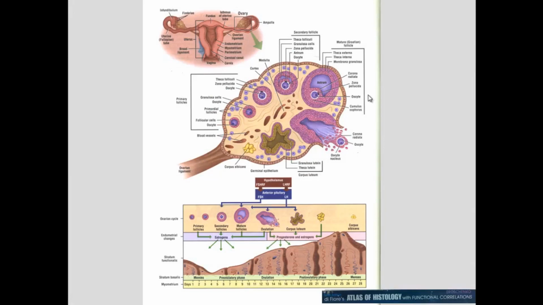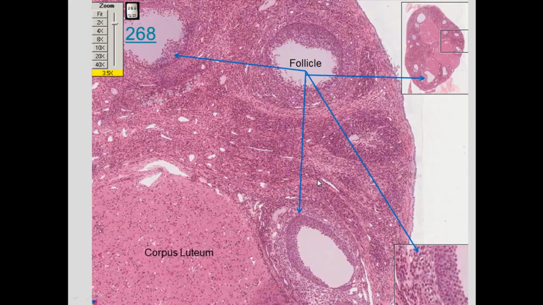Ovary is another source of endocrine hormones being produced. You have FSH and LH coming down from the pituitary, and that stimulates the ovaries to produce estrogen and progesterone to maintain pregnancy. Pregnancy has occurred, and here we see the follicles. So these are follicles where the eggs would be, and then after the egg is ovulated, it makes a corpus luteum.